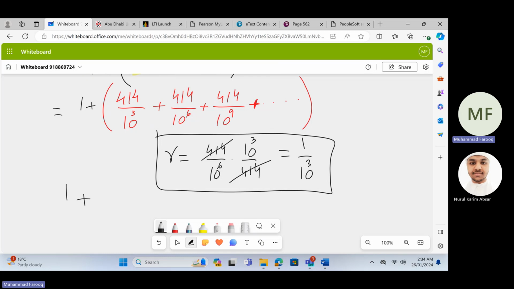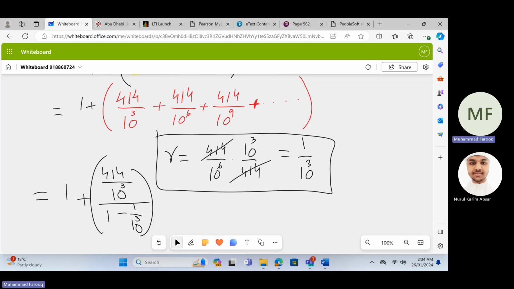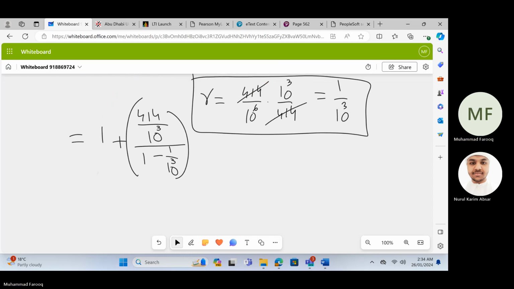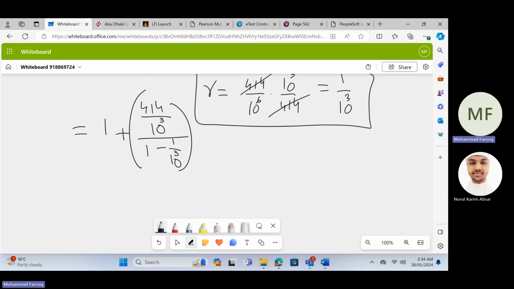In this geometric series, what's the first term? 4, 1, 4 divided by 10 power 3. And r is 1 over 10 power 3. Please just solve this part. I'm asking only about this part.